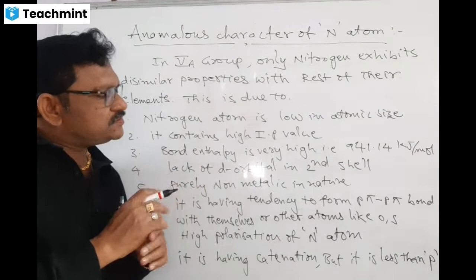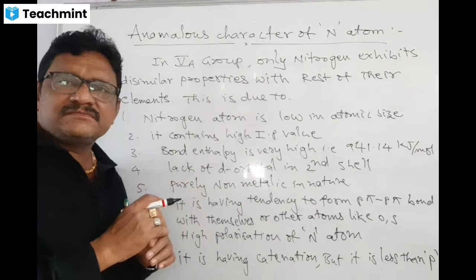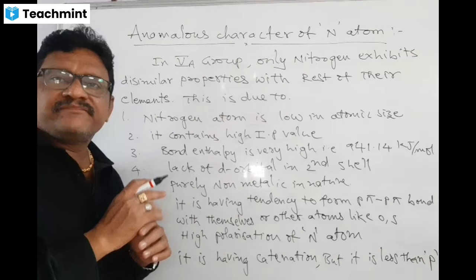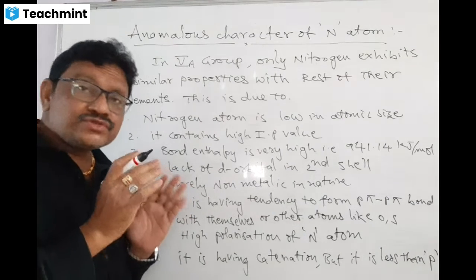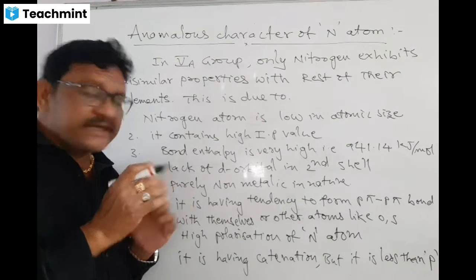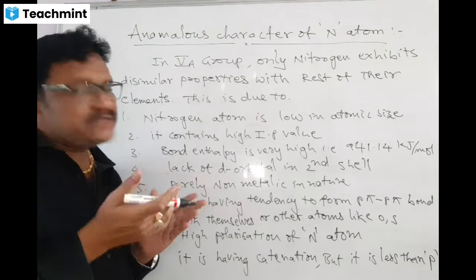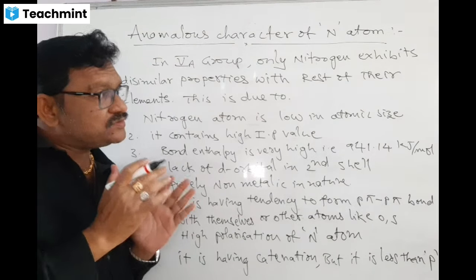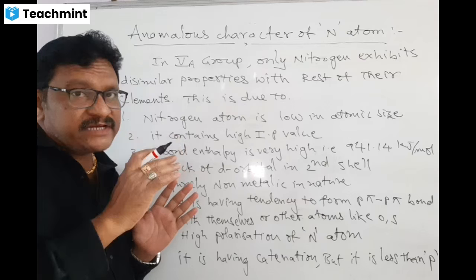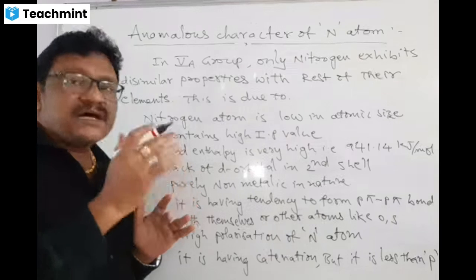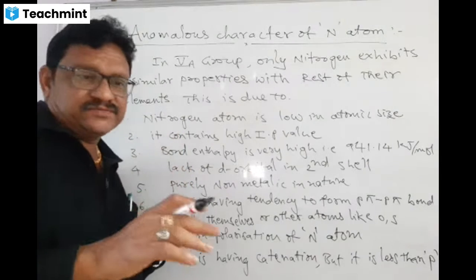So, due to these special tendencies, nitrogen exhibits different properties. What are those different properties exhibited by only nitrogen, unlike other elements of the fifth A group, that we will see now.